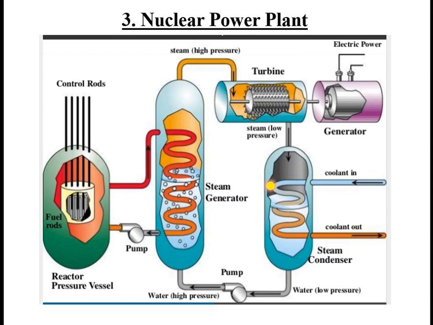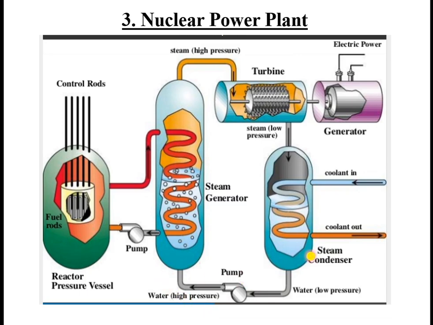Now you just see these different components: reactor pressure vessel, fuel rods, control rods. Then these are the various pumps. This is the pump used for recirculation of the primary coolant. This other pump recirculates the condensate.